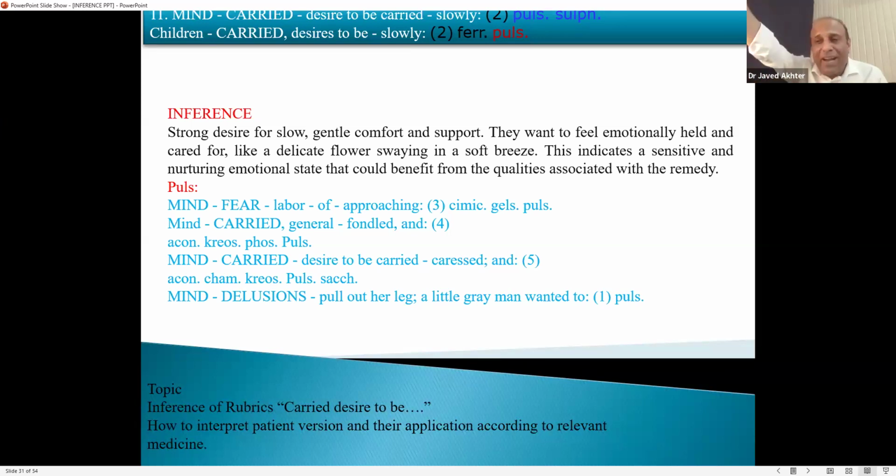And in our neighborhood, that little gray man, a common man, a servant, should not lift my legs. In this way she can talk like that. Pulsatilla can say insecurity, playfully, and like that. Pull out her leg. There are 3-4 meanings of this: playfully, insecurity.